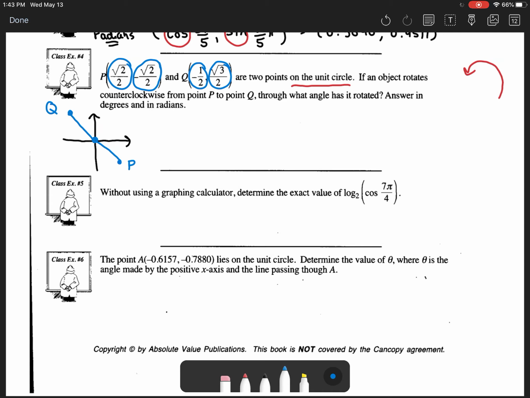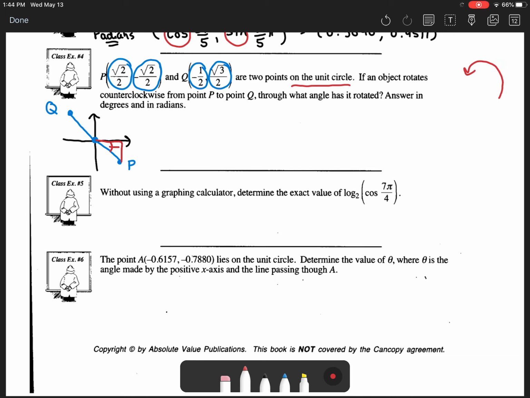Now, what do you know about negative 1/2 and root 3 over 2? When I have an x dimension that is 1/2 and a y dimension that's root 3 over 2, that's your 60-degree triangle, isn't it? So again, being able to recognize those coordinates really quickly makes a huge difference. So here's why this is important. That point P, you went root 2 over 2 over and root 2 over 2 down.